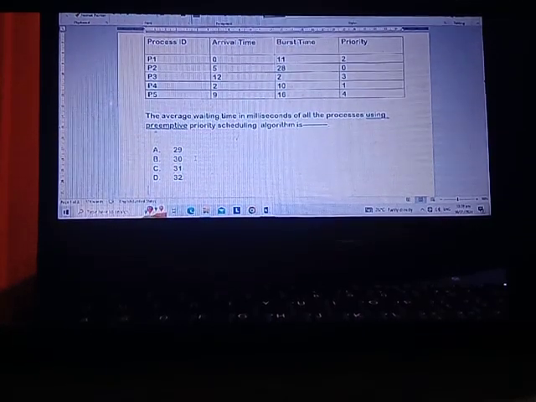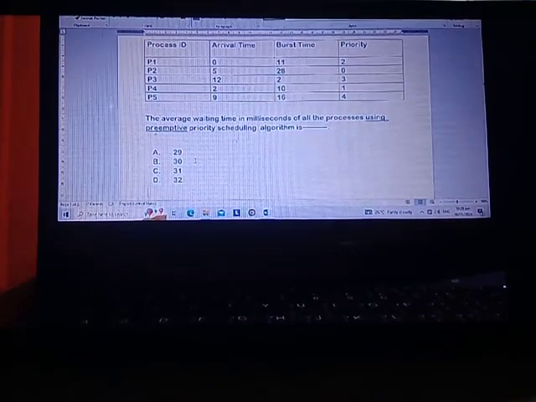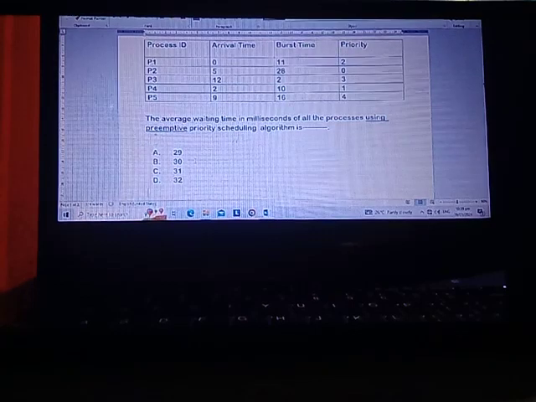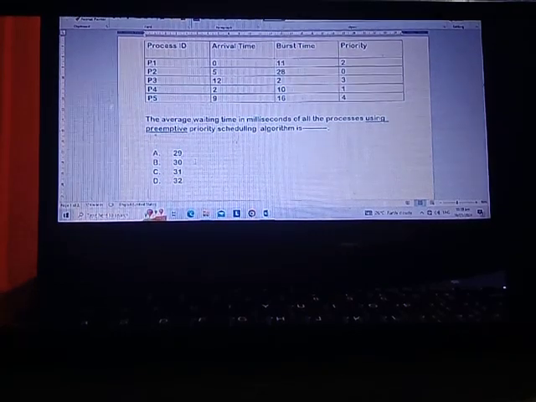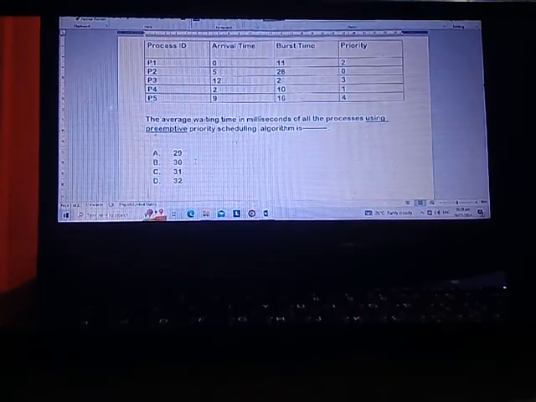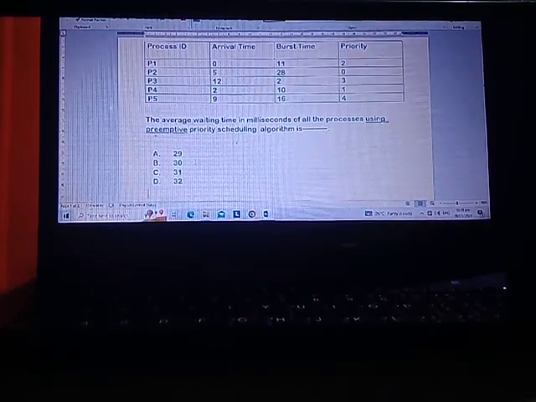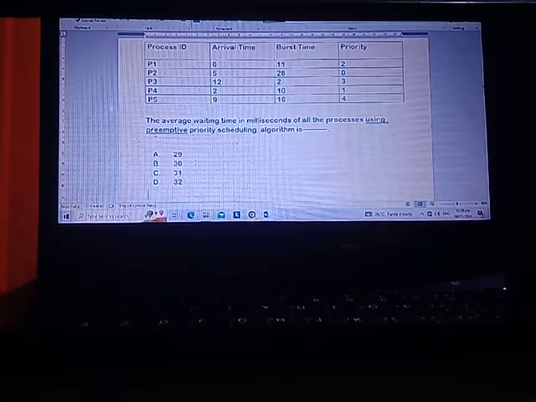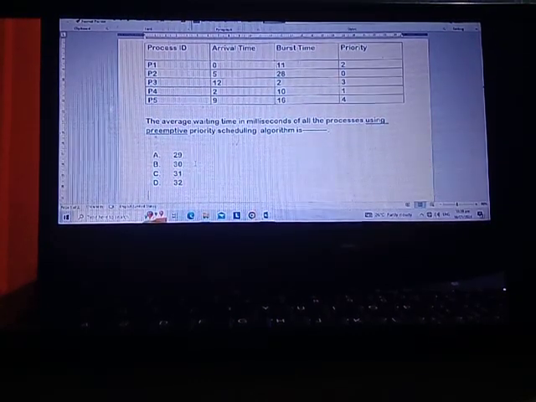So P2 will execute for its total burst time, 28 milliseconds. So from the 5th millisecond, when P2 got the CPU, up to 5 plus 28, which is 33 milliseconds, P2 uses the CPU for its execution.